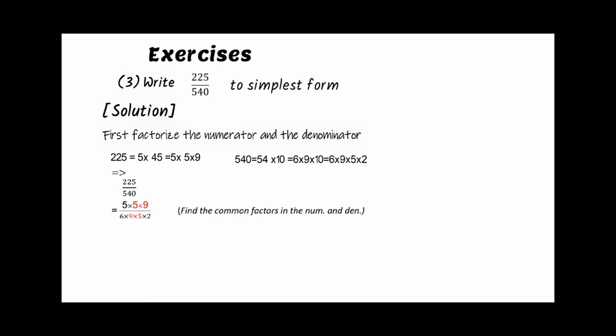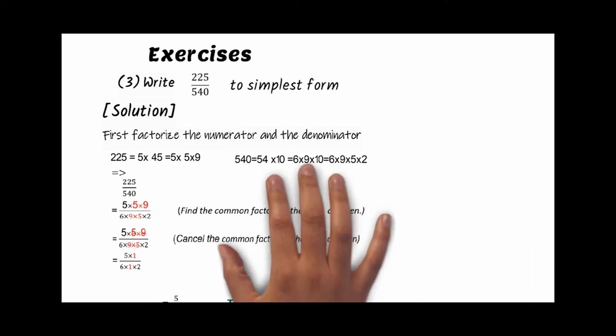So is 9. That appears in both the numerator and the denominator. So these can be cancelled out, okay, because they appear both in the top and the bottom. And that becomes 5 times 1. Denominator becomes 6 times 1 times 2. So the final answer is 5/12.